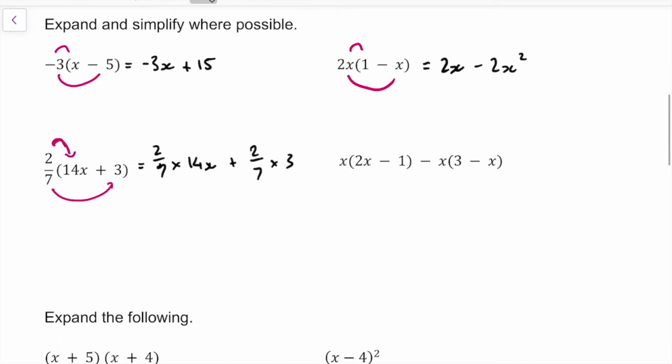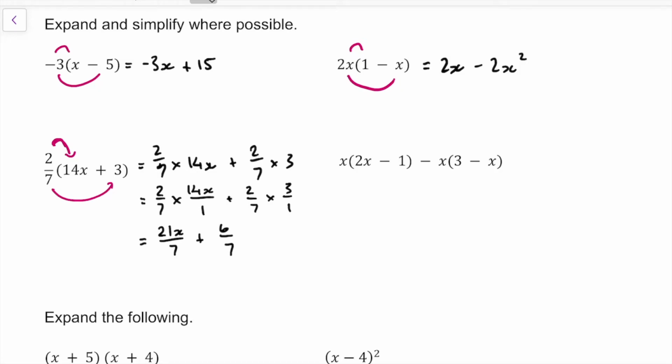Okay, so what we're really doing is 2 over 7 times 14x over 1 plus 2 over 7 times 3 over 1. So that might make it a little bit easier to work across. So now we have 21x over 7 plus 6 over 7.